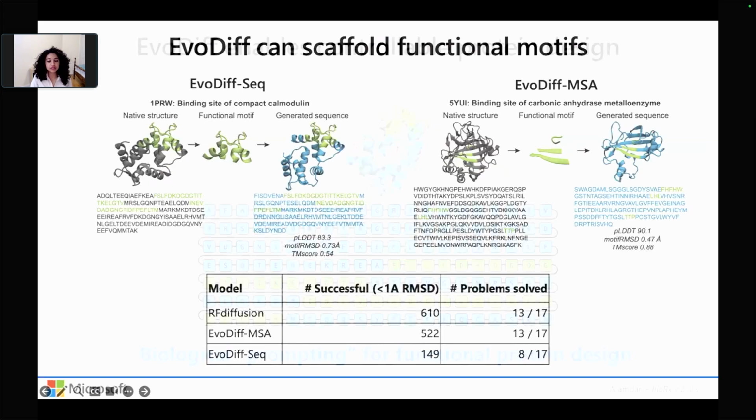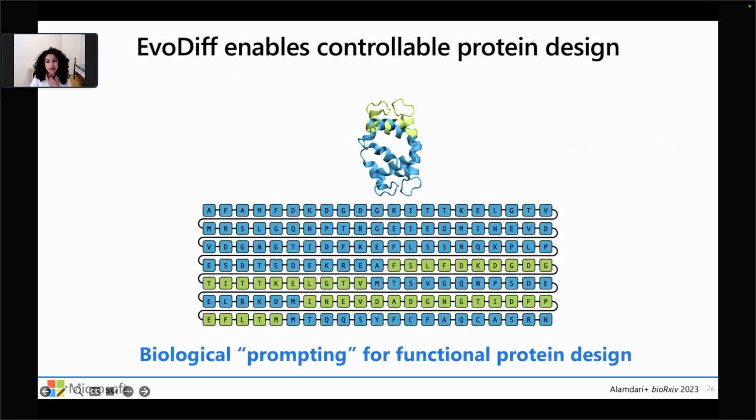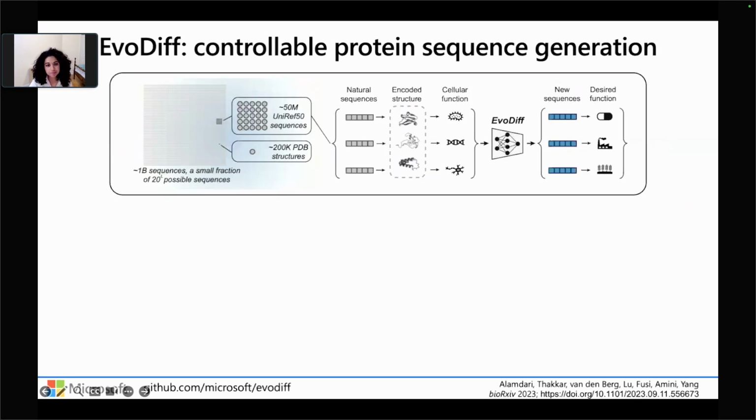And again, the strength and the beauty of this approach is that there is explicitly no structural information needed to perform this kind of task. It's done purely through sequence modeling and purely through the power of this evolutionary scale training.